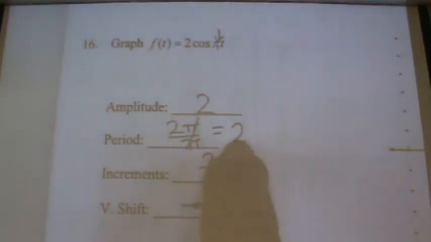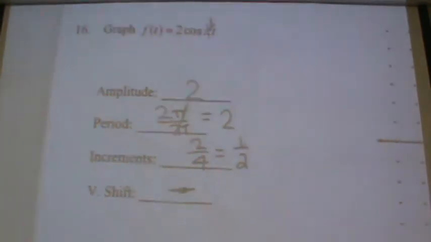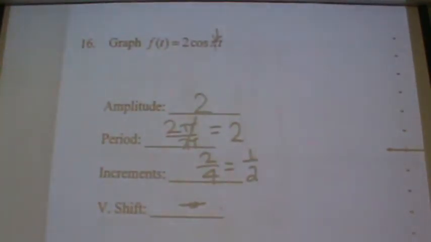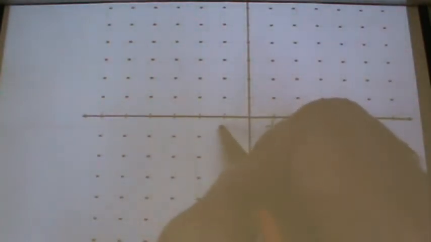you take that, what you got, that's your b value, pi. So it's 2 pi over pi, which is 2. So you take your period, cut it into 4 parts, which is a half. So these are gonna be counting by half. This is a half, 1, 1 1/2, 2, and then -1/2, -1, -1 and 1/2, -2.